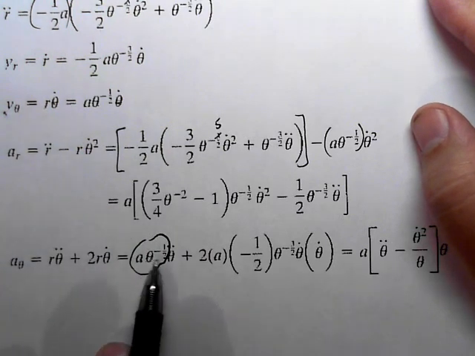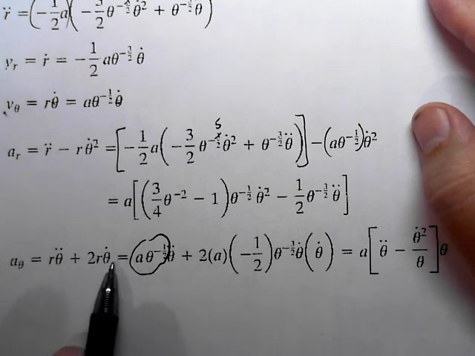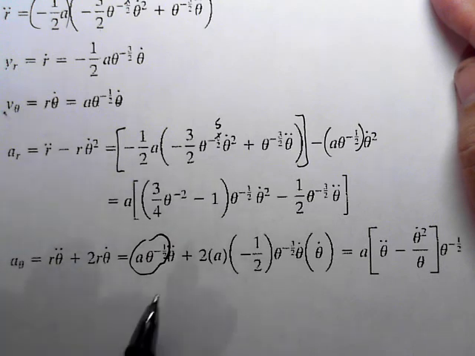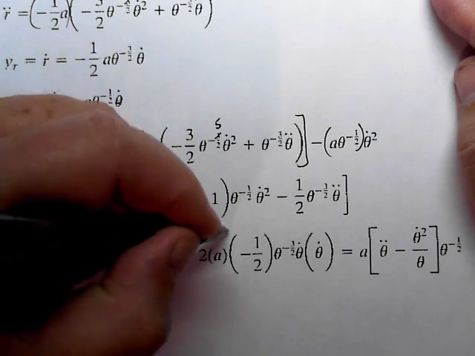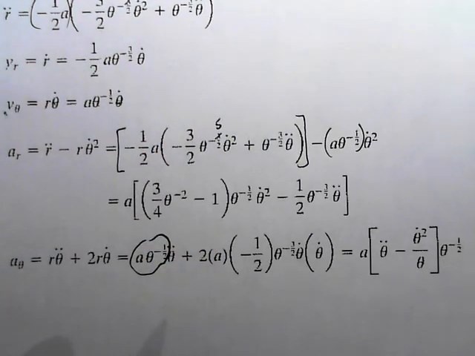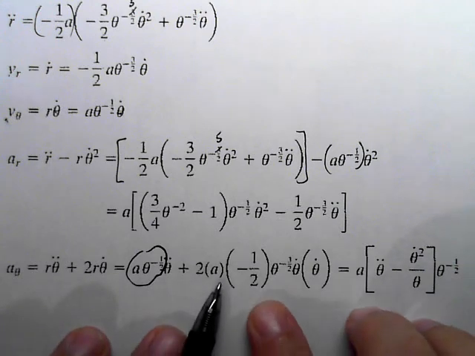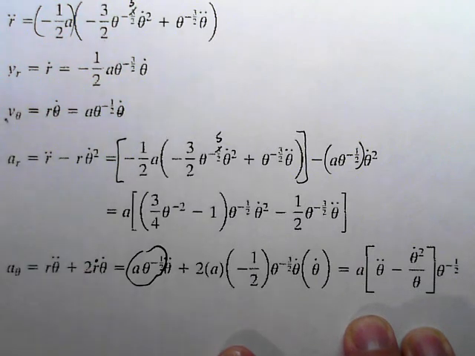So here is r theta double dot, and then the Coriolis term involves 2 and r. Okay, author's mistake: 2 r dot theta dot.